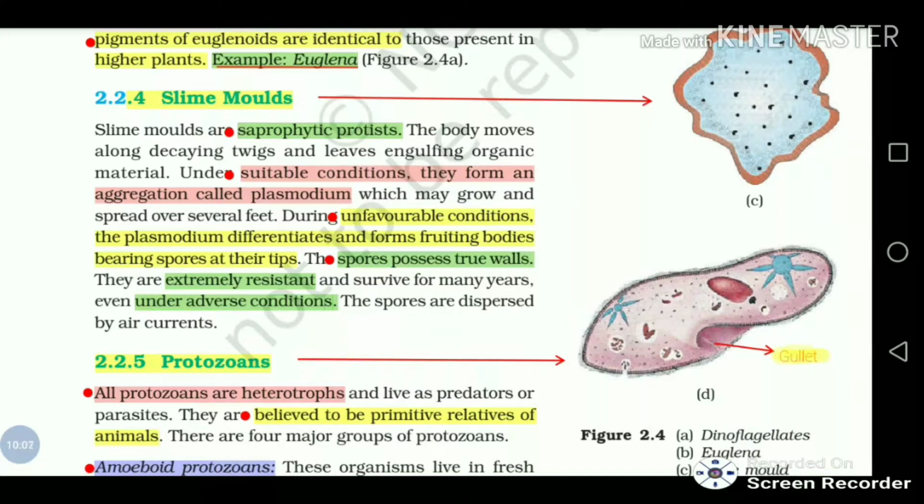The aggregation of slime mold is called plasmodium, and under unfavorable conditions the plasmodium differentiates and forms fruiting bodies, and these bear spores at their tips, and these spores possess true walls and are extremely resistant under adverse conditions.